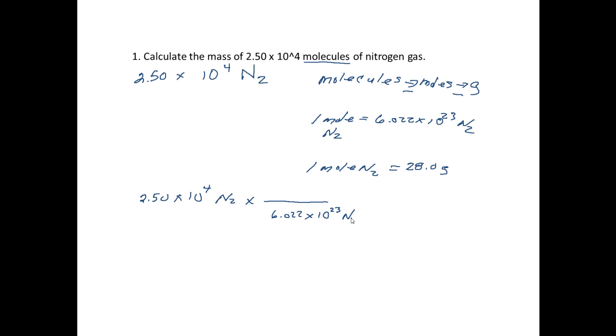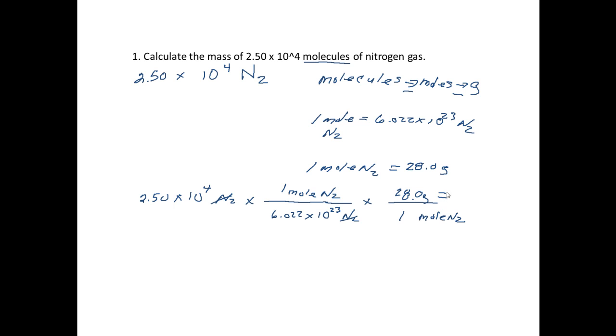Molecules of nitrogen is 1 mole of nitrogen. Extend that out. All right, and we know we set this up right because the molecules of nitrogen are going to cancel out, and that's going to give us moles. And then the next step is we need to get rid of the moles and end up with grams. So moles of nitrogen, 1 mole of nitrogen weighs 28.0 grams.